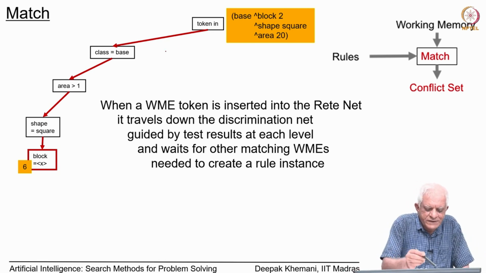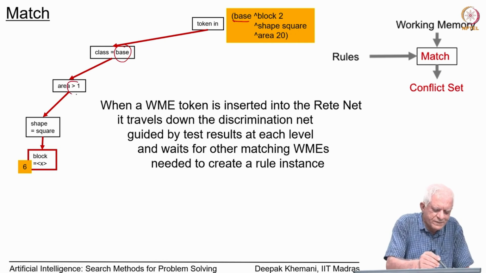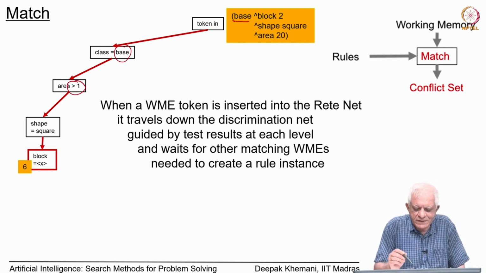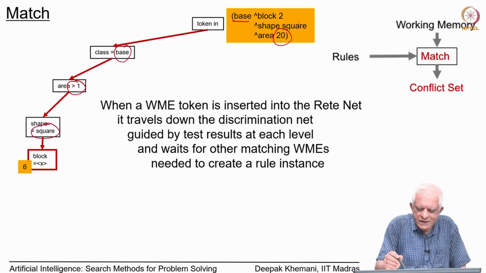The first test is that the class name is base, and you can verify that indeed the class name of the token is base. The second test says that the area should be greater than 1, and you can verify that yes, the area is 20, which is greater than 1. The third test says the shape must be square, and you can verify that yes, indeed the shape is square.